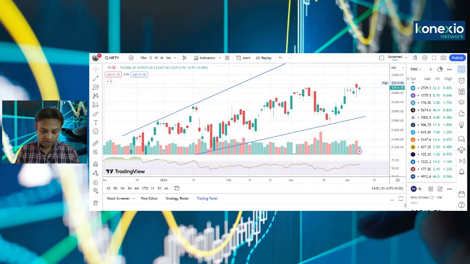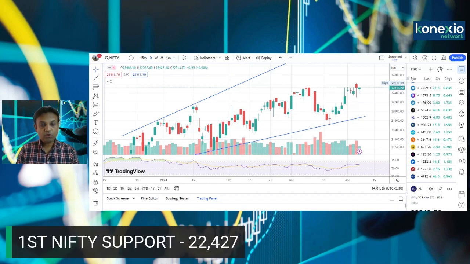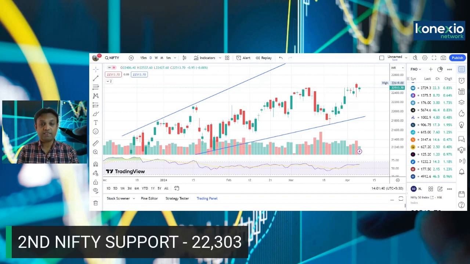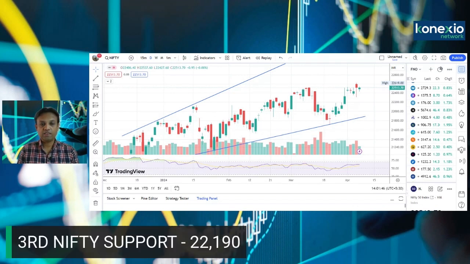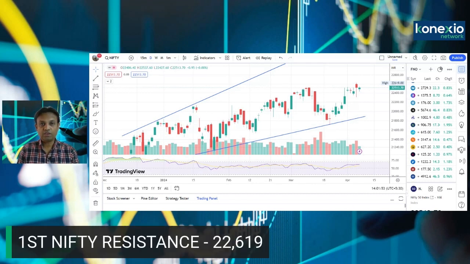Now let us discuss the important support and resistance levels in Nifty for the next week. The first support in the Nifty is placed around 22,427. Second support is placed at 22,303, and third support is placed around 22,190. On the upside, the first resistance is around 22,619, which is the lifetime high.